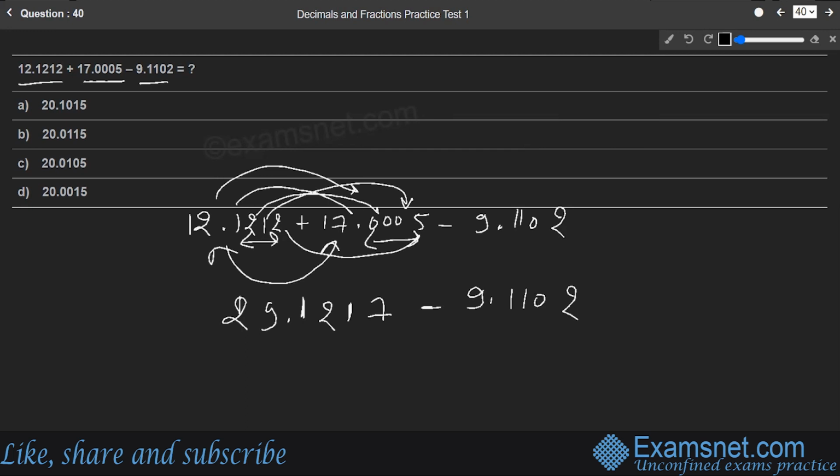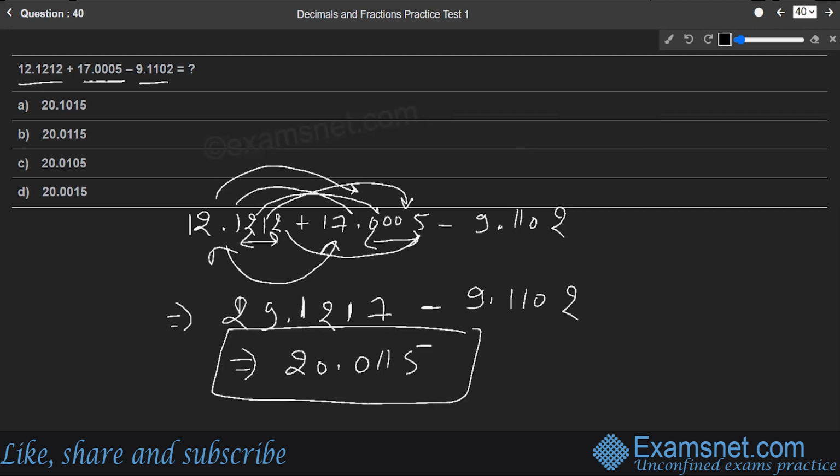So clearly we are supposed to subtract this. If we subtract this expression, the ultimate answer comes out to be 20.0115. So that is the right answer of this mathematical expression, 20.0115. Let us see where it is available. It is available in option number B. So option number B becomes the right answer of this question.